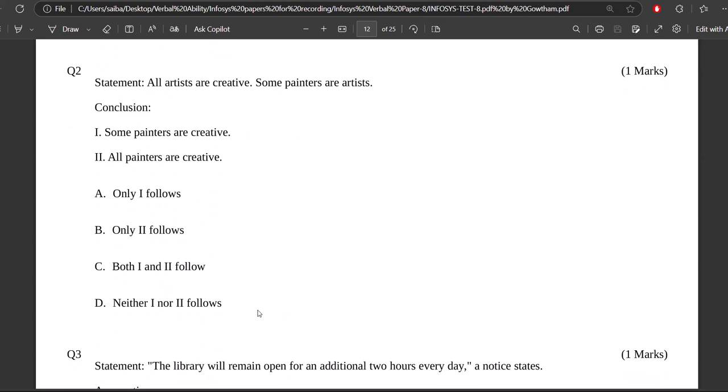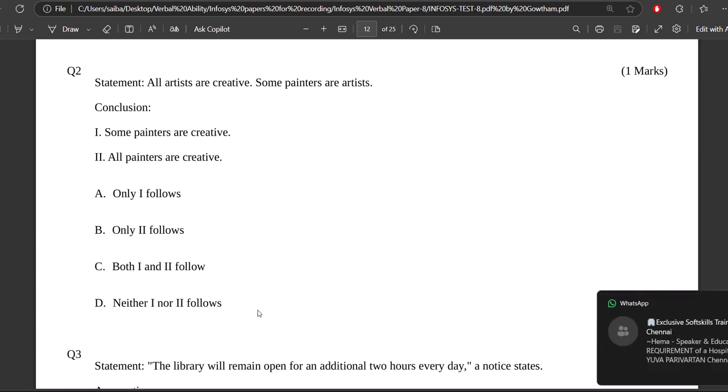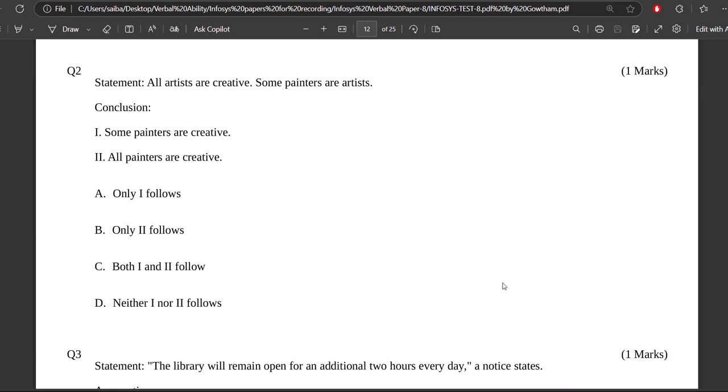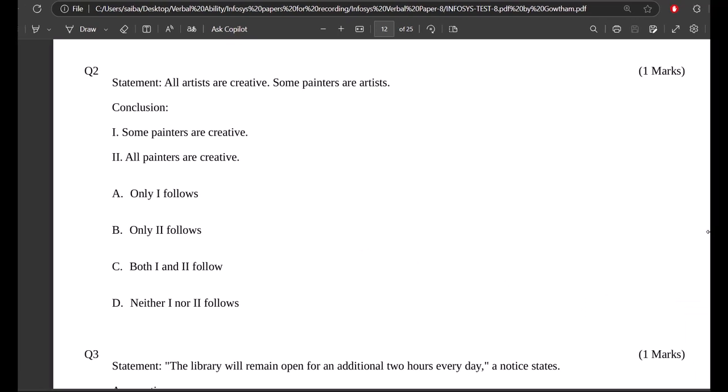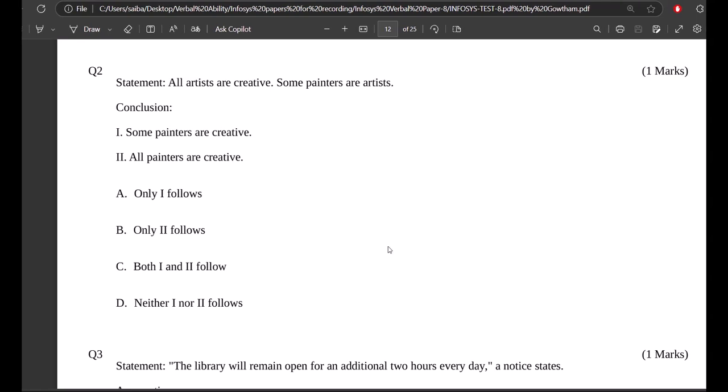Next one: all artists are creative, some painters are artists. So when we say all artists are creative and some painters are artists, the first conclusion here is some painters are creative.